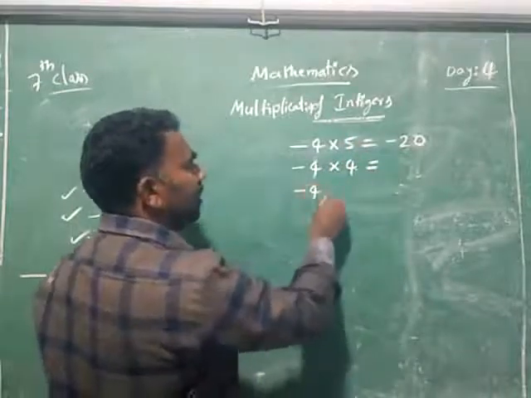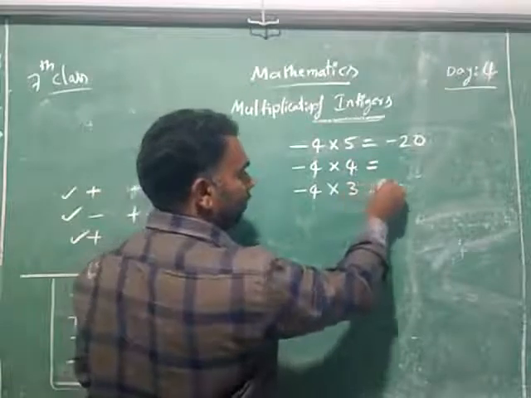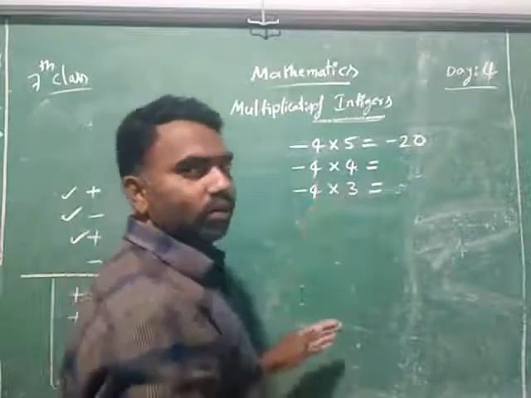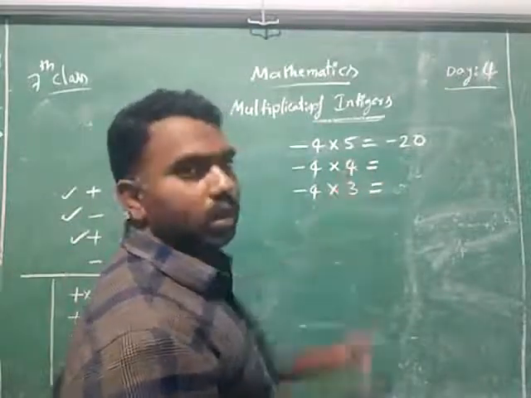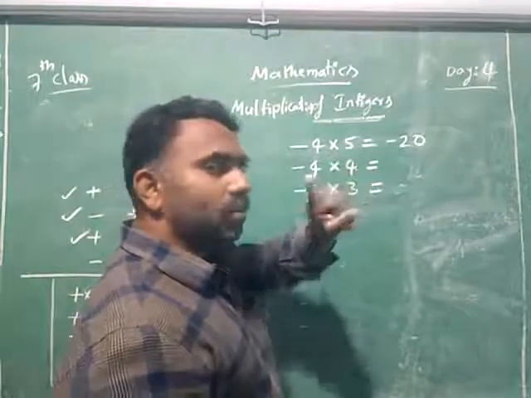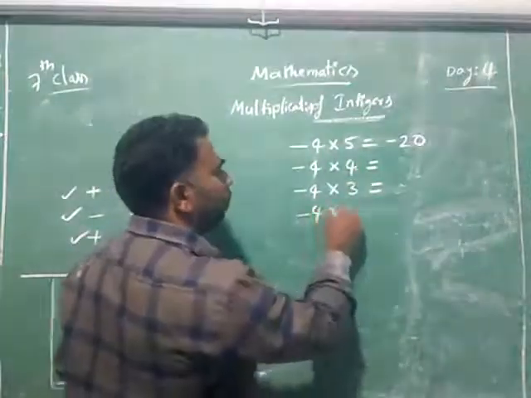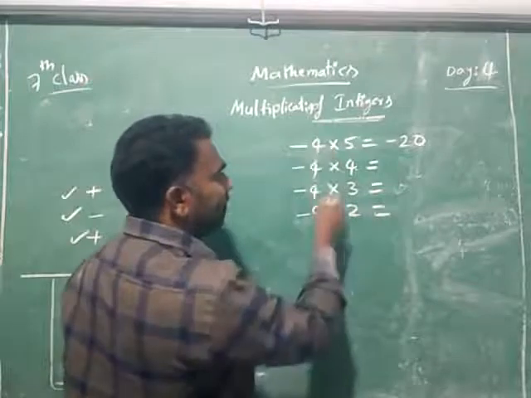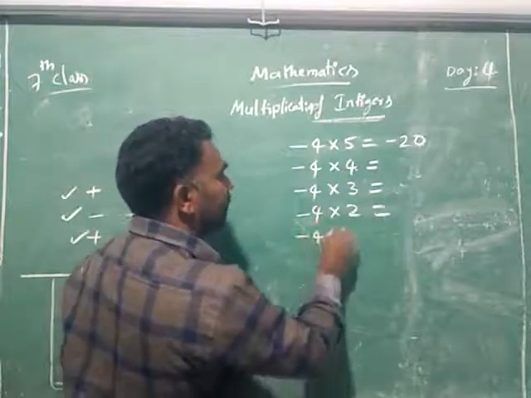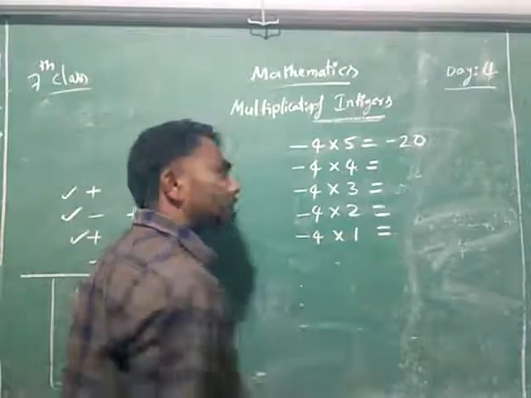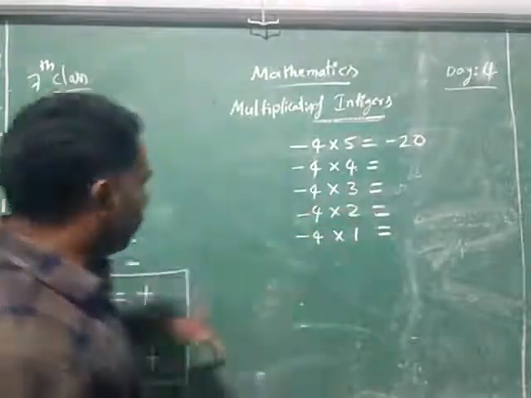I am following the sequence by decreasing the second number by 1. Minus 4 into 2, and minus 4 into 1. You can give the answers by using this method too.